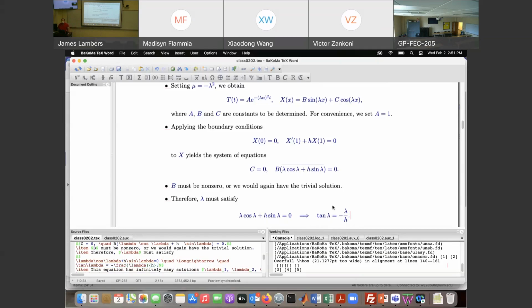It's not going to happen. Because we have a trigonometric function of lambda here and a polynomial function of lambda here. When you have those mixed together in an equation, you're not going to be able to find an analytical solution for lambda. You're not going to come up with a formula that says lambda equals this.